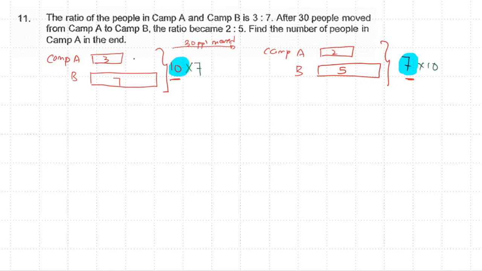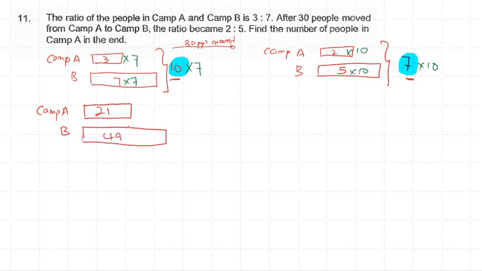Remember, if this is times 7, all must times 7 over here. And then here must all times 10. Then I will have a new chart. So A will be 21. And then B will be 49.